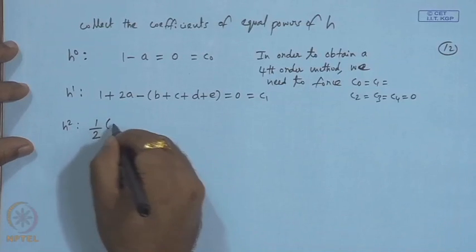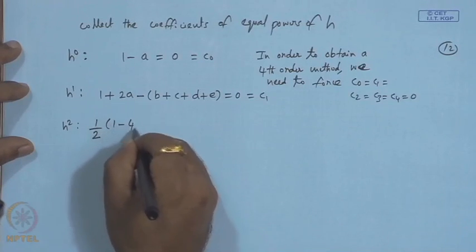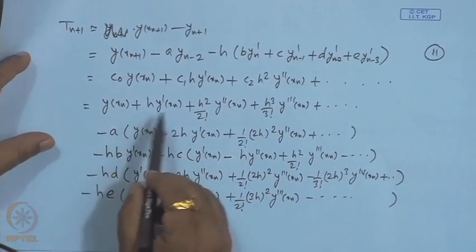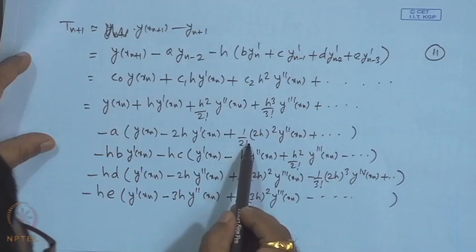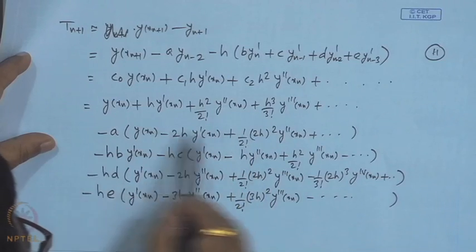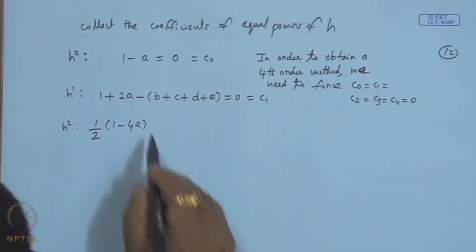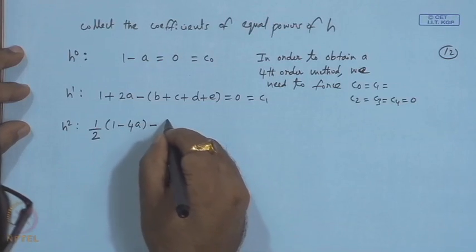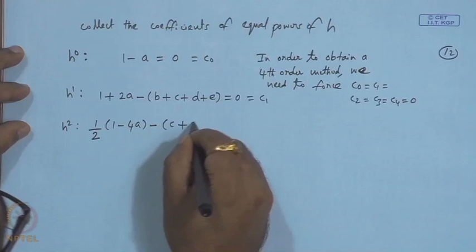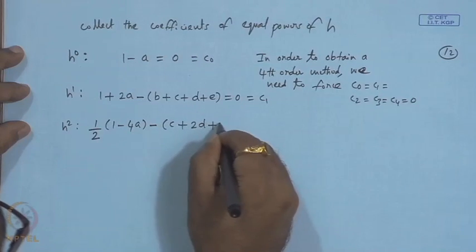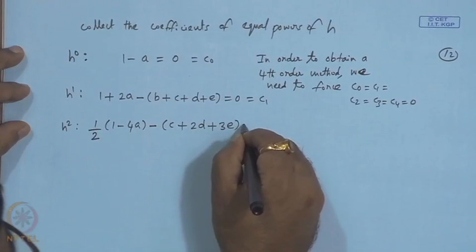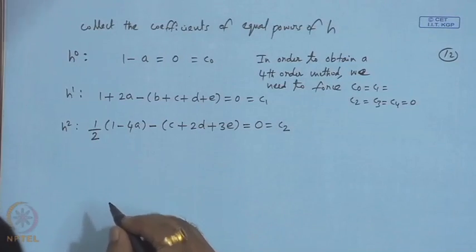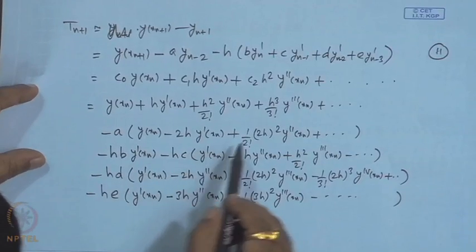1 by 2 if I take common 1 minus 4 A, from where this is coming, this is 1 by 2 common. So, 1 from there minus 4 A. Then minus C plus 2 D plus 3 E. So, how did we get coefficient of H square?